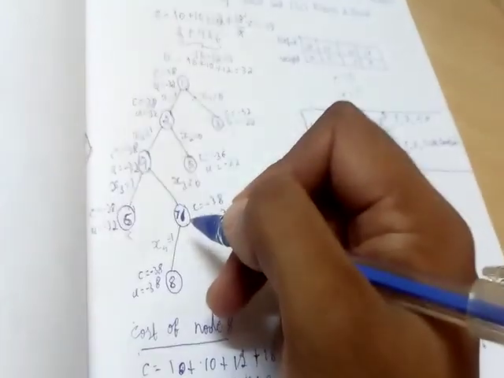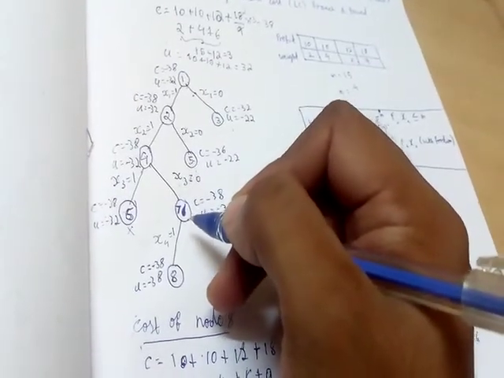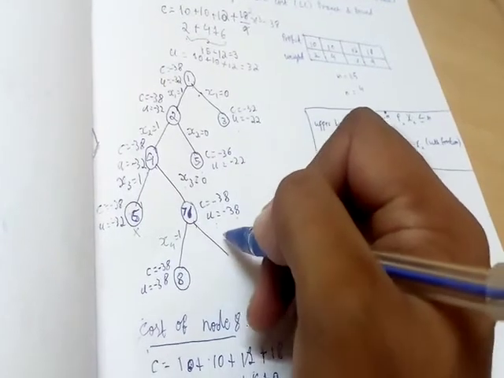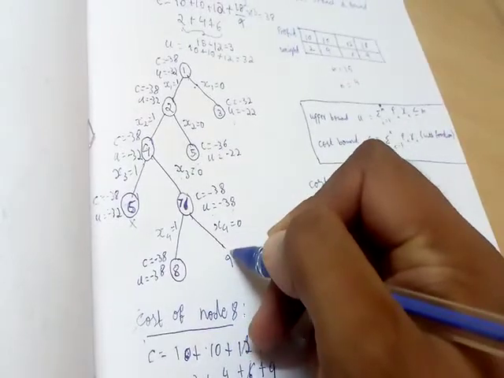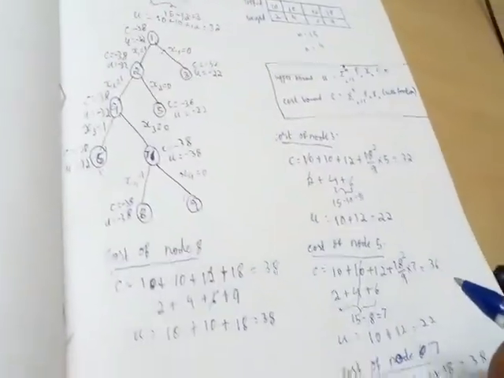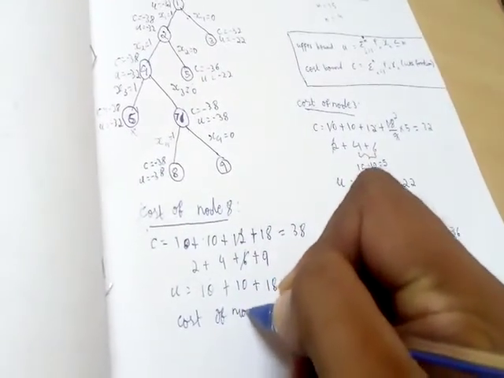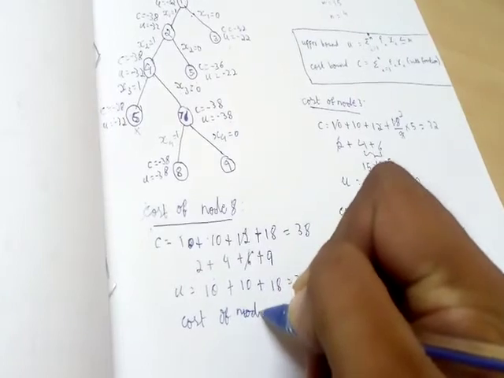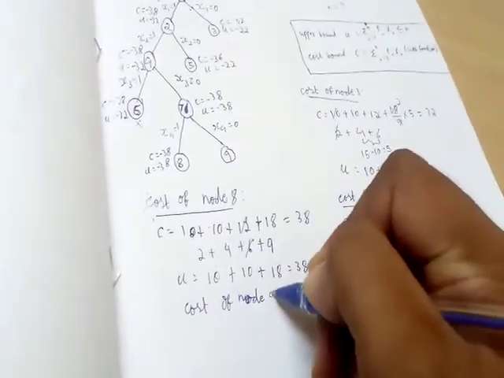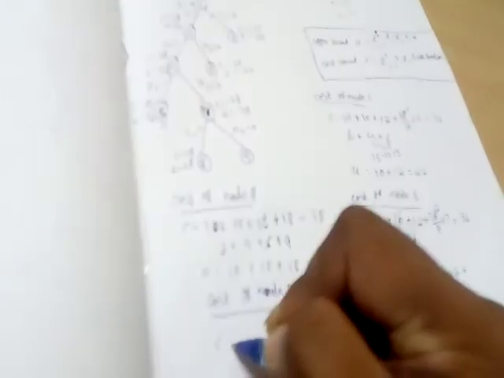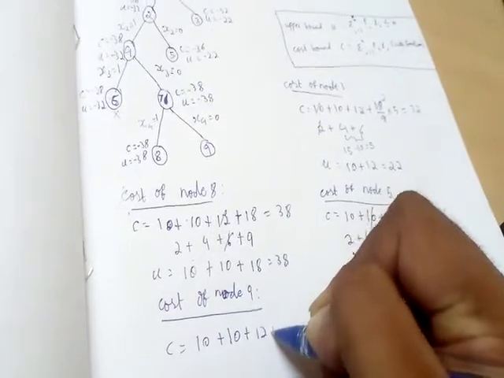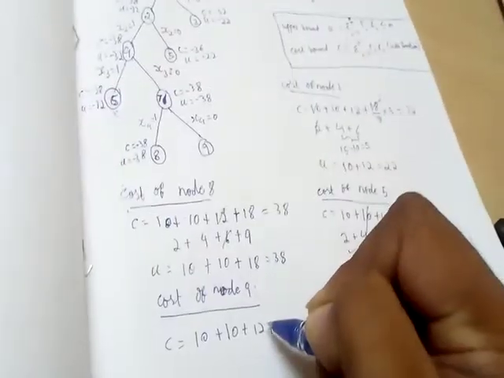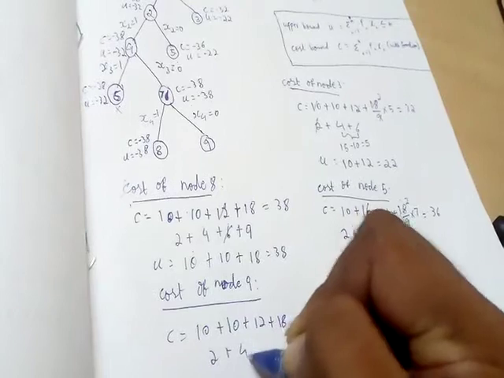Then I have to consider the scenario where I will not add the fourth item. That particular scenario I will represent with node 9. I have to find out the cost of node 9. In order to find the cost of node 9, I will write down the profit and the weight associated with all 4 items.